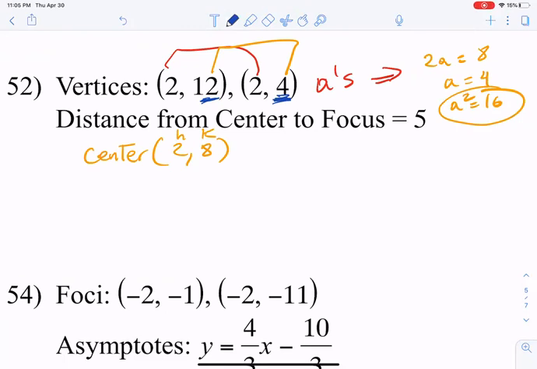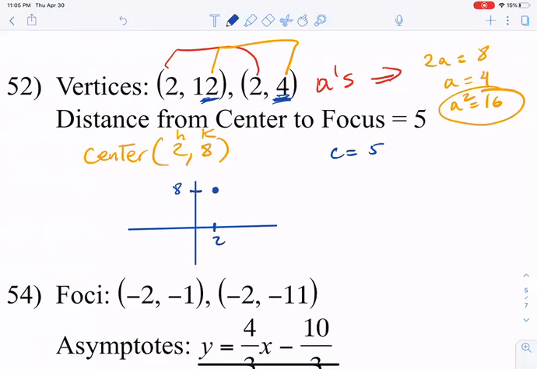That implies that C, okay, so it should be 5, right? If this is the focus, it should be 5. Let's do that really quick so we can clarify our doubts. So this is 2, and this is 8, and that point is here. That's the center.